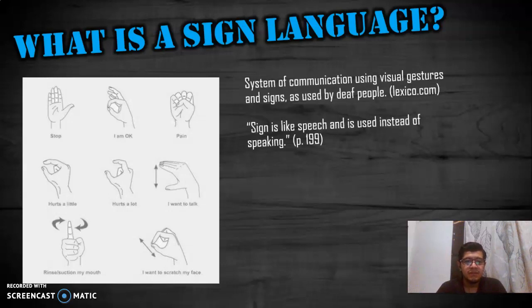But when something like this is done, he or she is saying, "I'm okay." But in simple gestures, when a person who speaks says, "I'm okay," the gesture accompanies the language.